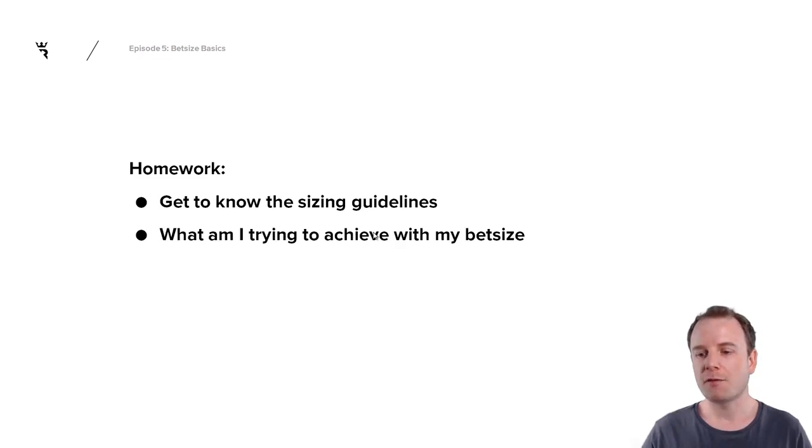And then for post-flop, just ask yourself what you're trying to achieve with your bet size. Just start thinking in that way, and you'll start training your brain to kind of automatically do that when you get to a post-flop situation. And think through all the different bet sizes and how they're going to kind of manipulate your opponent's range and get what you want from the hand.